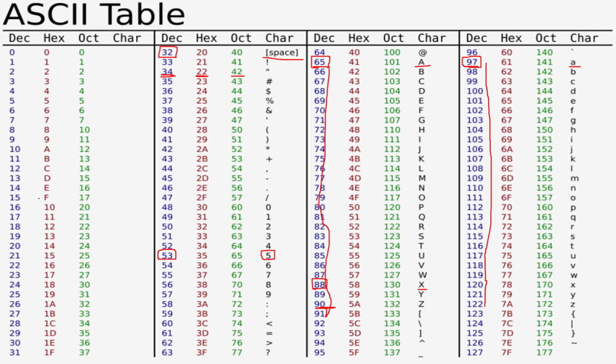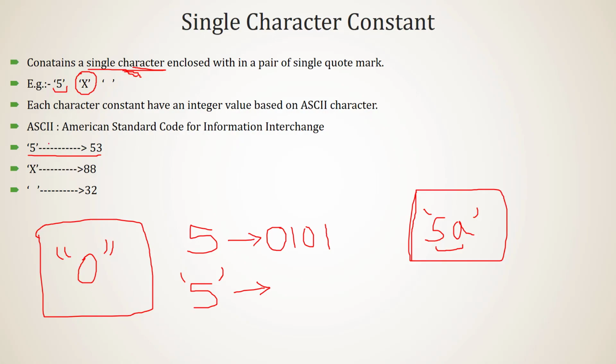Yes, sir, this one. So here, this arrow is just to give the arrow mark.